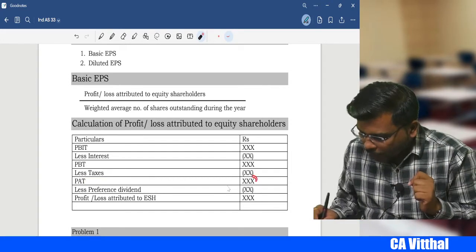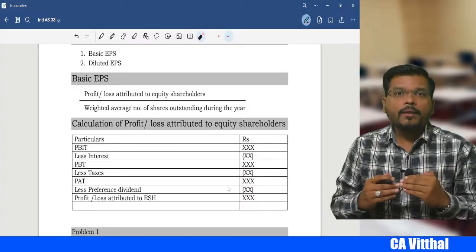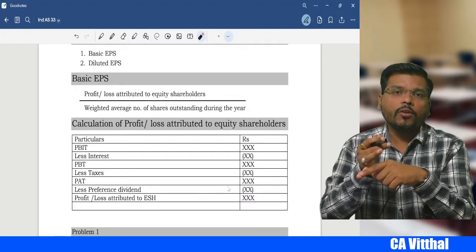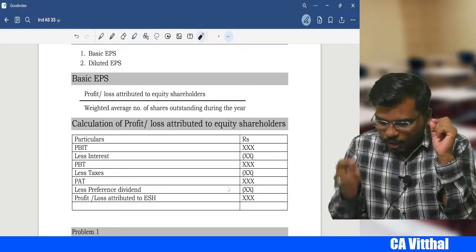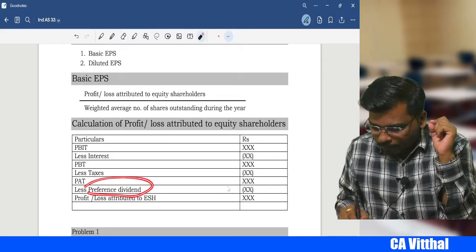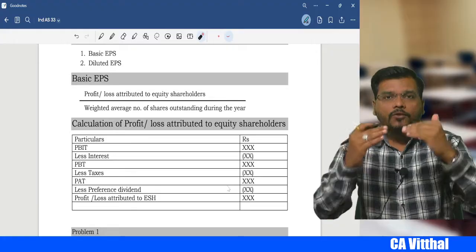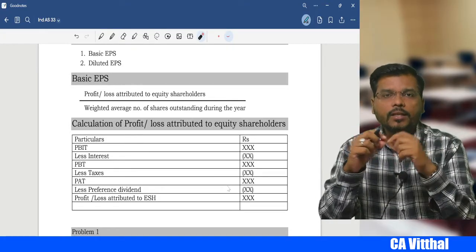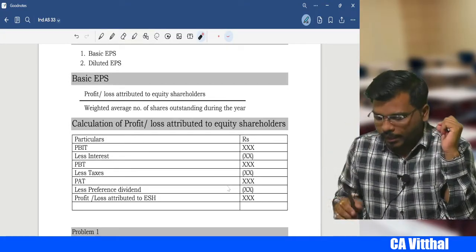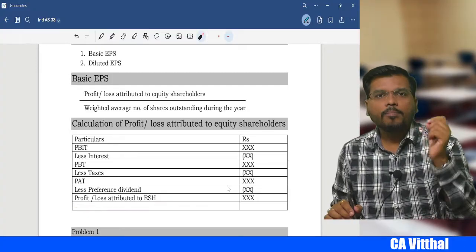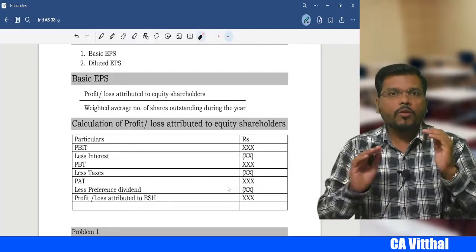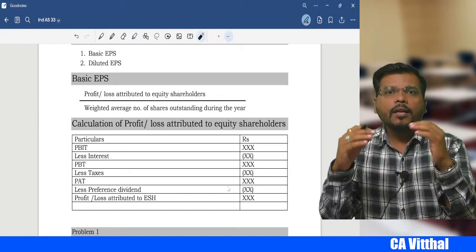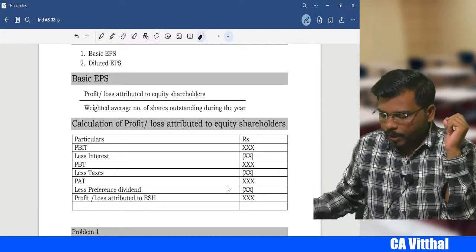This profit after tax is available not only to the equity shareholders but also to the preference shareholders. So from this we need to subtract the preference dividend, and whatever profit we get after subtracting the preference dividend, we call that profit or loss attributed to equity shareholders. Like this way we need to calculate the profit.